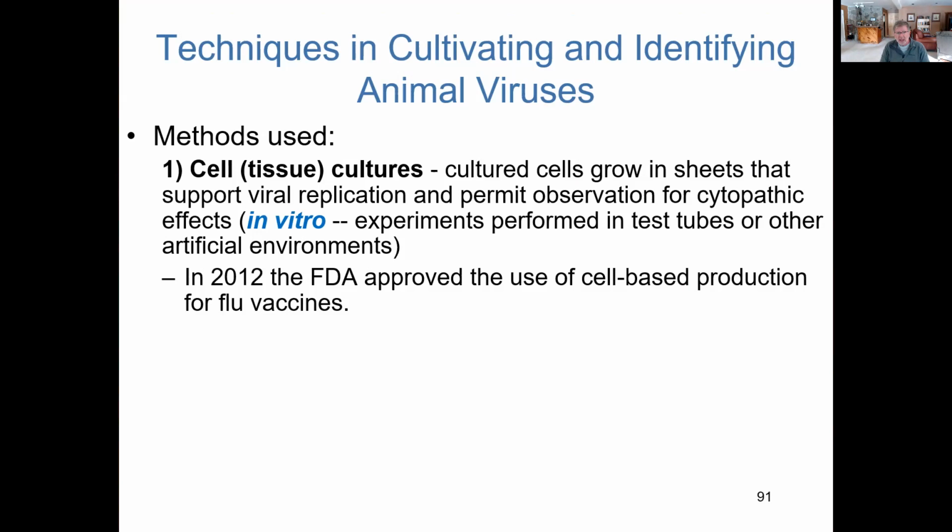So what we're doing in this example is growing mammalian cells in vitro, in the laboratory, and then we subject these cells to virus and look to see what effect they have on the cells.